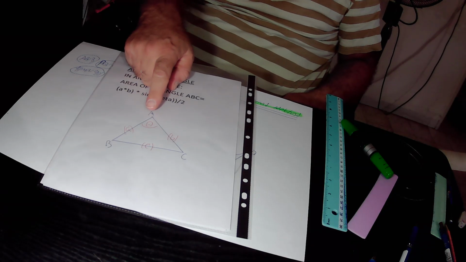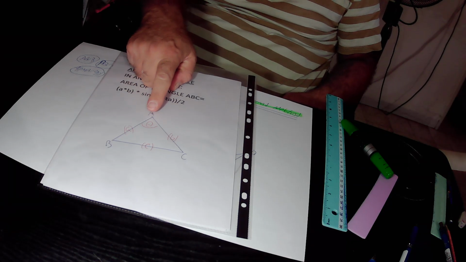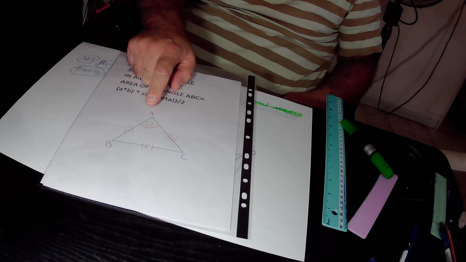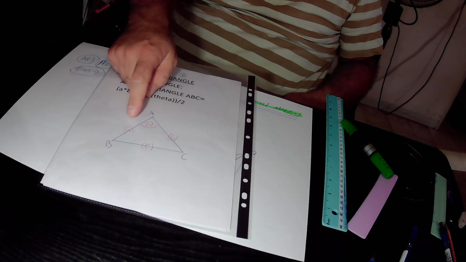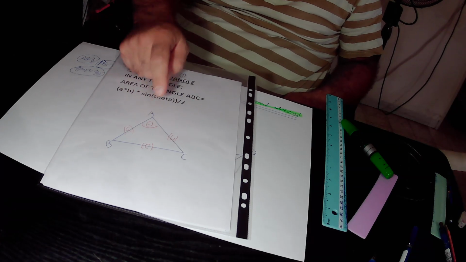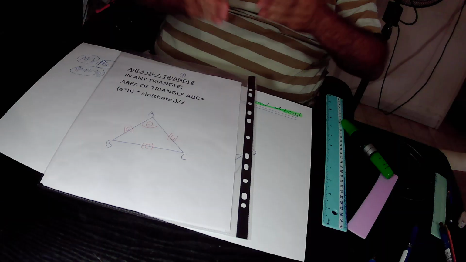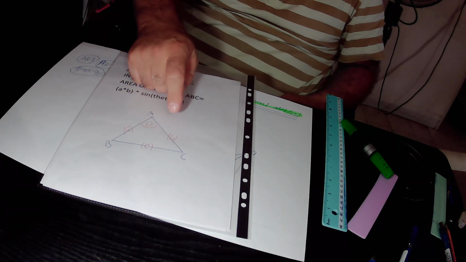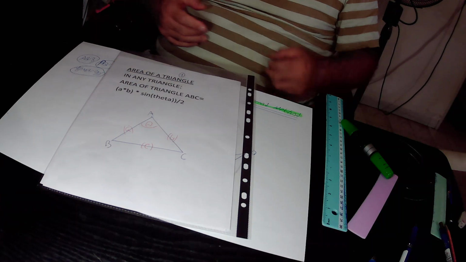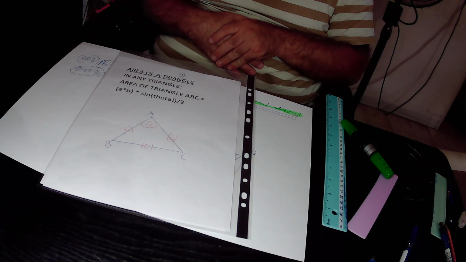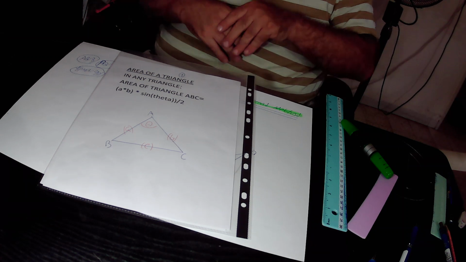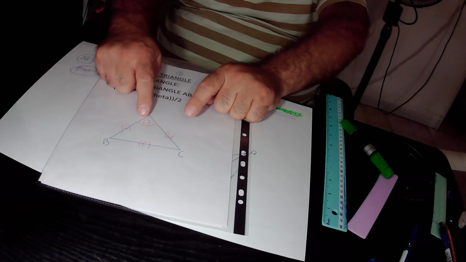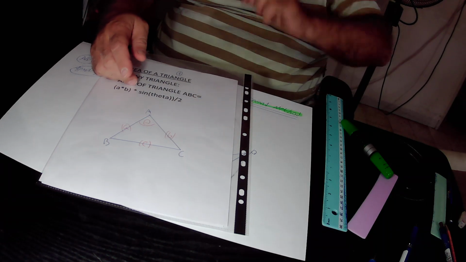This is angle BAC, which equals theta degrees in its size. So in this triangle ABC, the area equals A times B times sine theta over 2. Again, the area of this triangle ABC that could be any triangle is equal to A times B times sine theta over 2. That is to say, the area of any triangle equals the multiplication of the two sides by each other times sine of the angle between those two sides, that is sine theta, over 2.